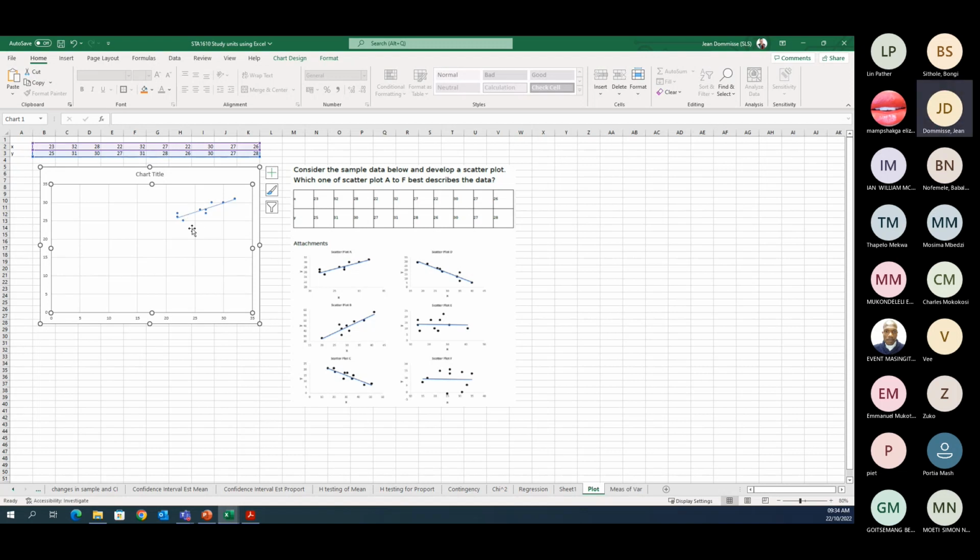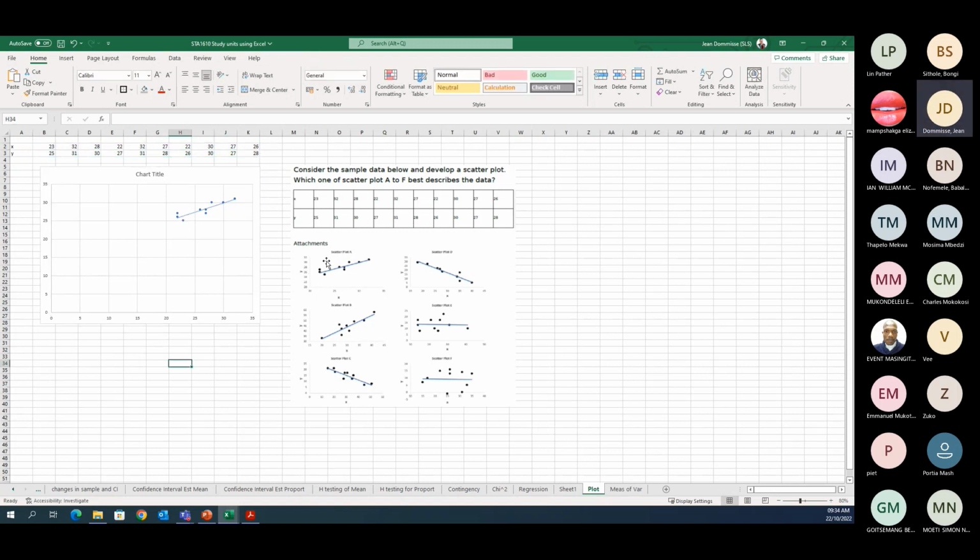Okay, so there is the trend line added as well, and then you can see it's very similar to plot A.